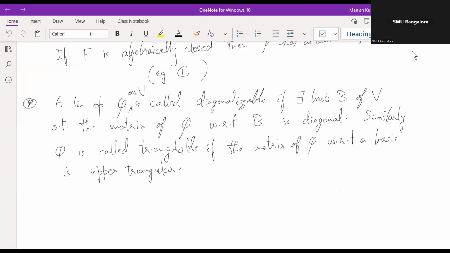And similarly, we will say that phi is triangulable if the matrix of phi with respect to a basis is upper triangular. So this is the definition.